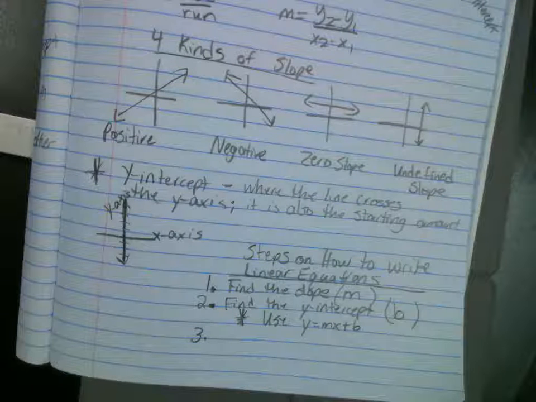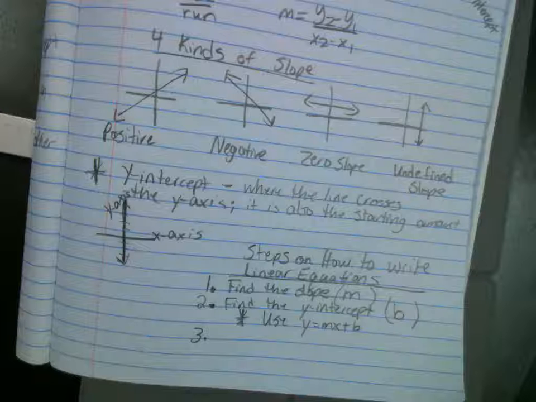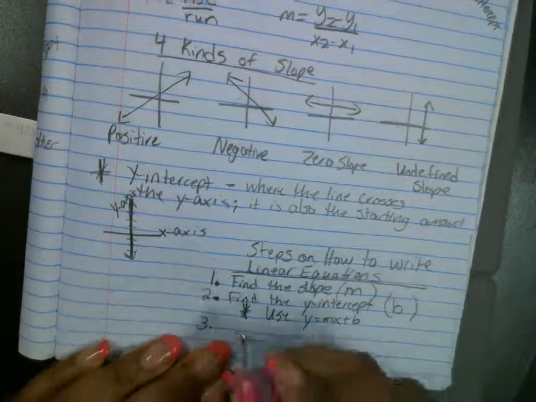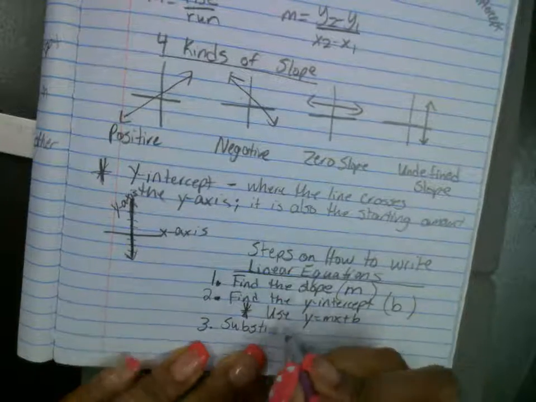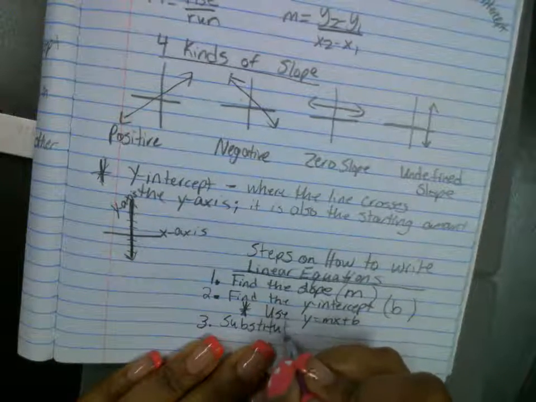Number 3, what's the last step? After you find m and then you find b, what do you do with m and b to write the equation? Yes. Very good.